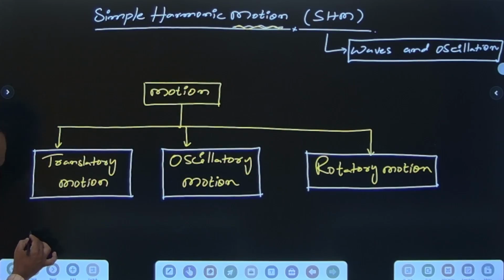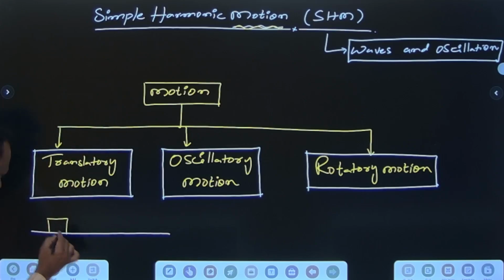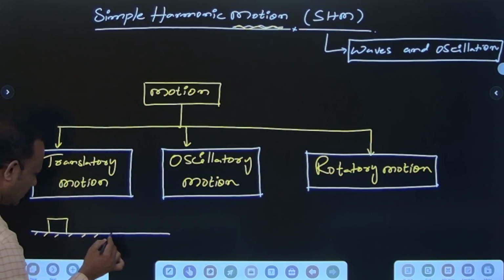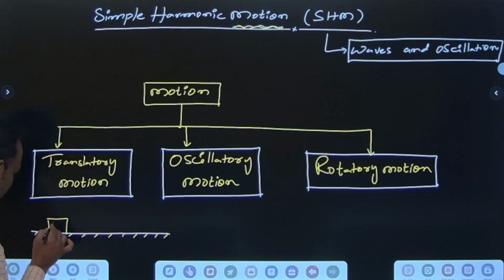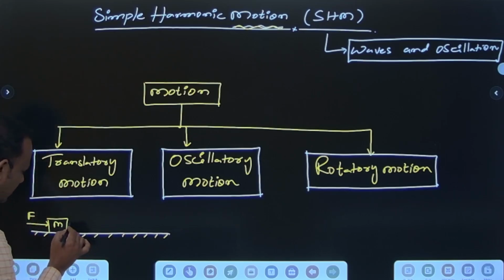When a body is placed on a horizontal surface, this is the ground, okay, body of mass m, if I apply a force on this, it can translate in the direction of applied force.